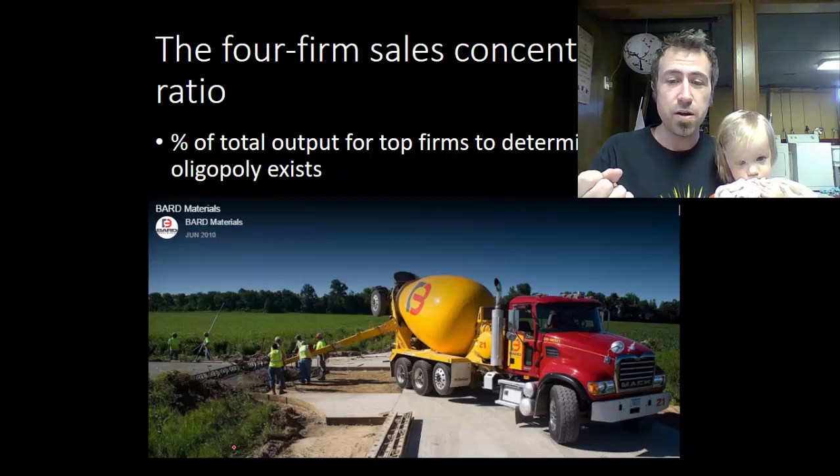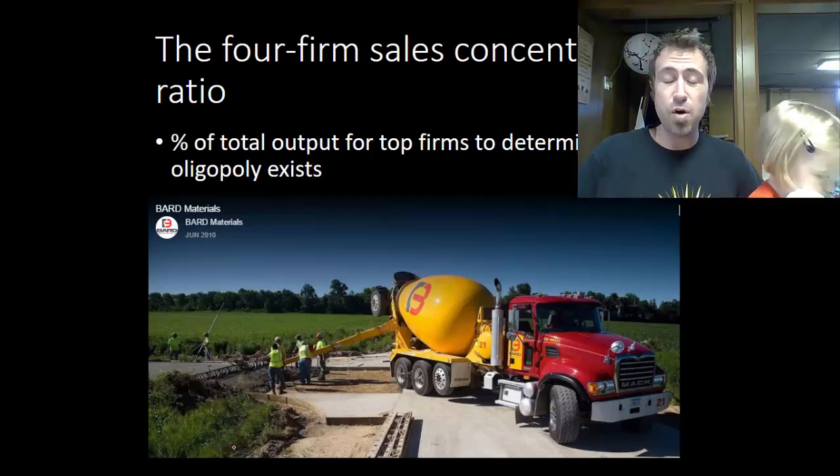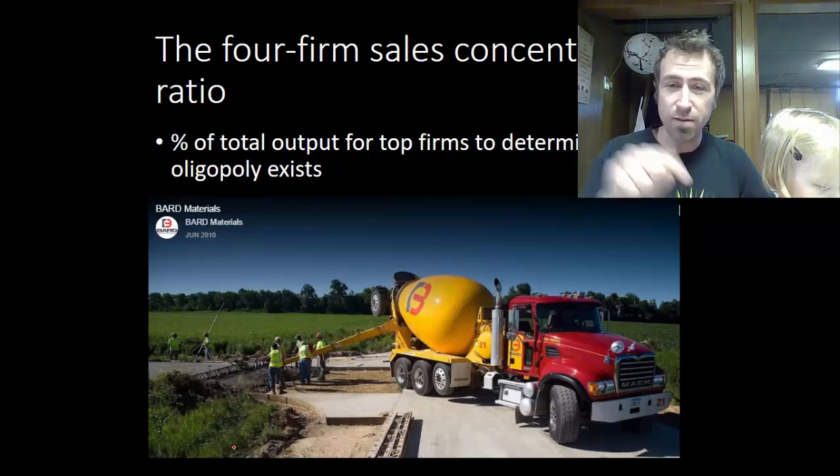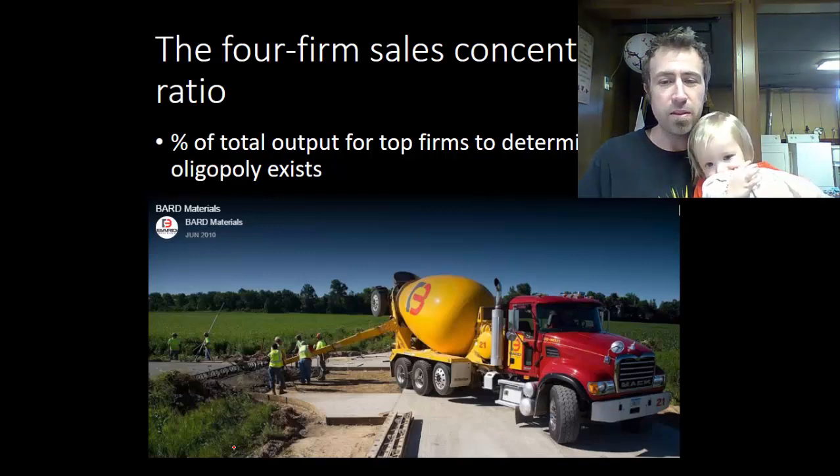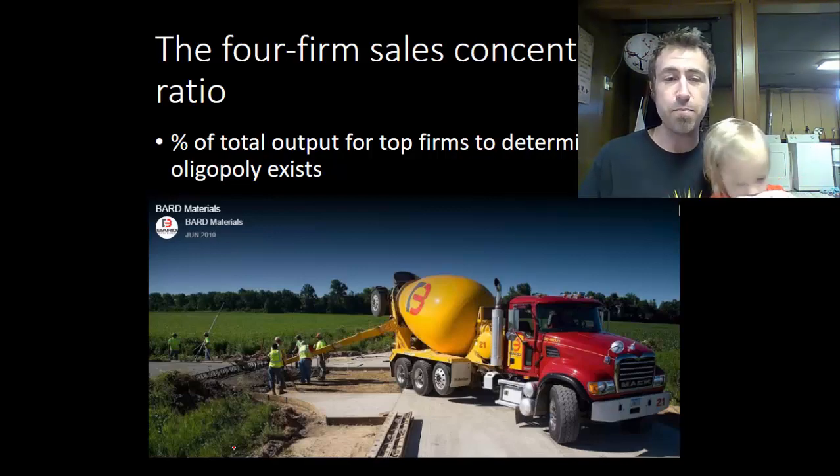And so there might be thousands of cement companies out there, but only one in your area. And so you might say, oh, well, I'll go to the next state over and get some cement from there. But the problem is they can't travel that far with their cement trucks before the cement dries up. And so it's unlikely that they're truly a competitor.